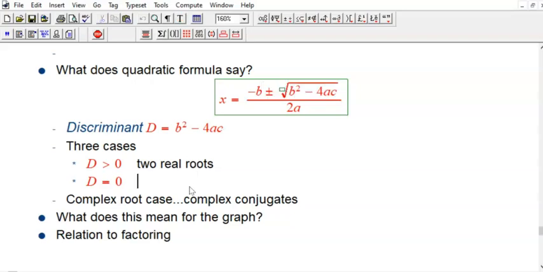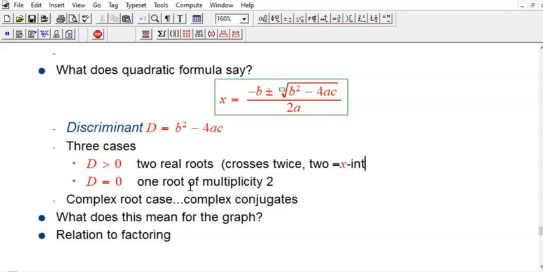And that is the case of one root of multiplicity 2. So what's the graph going to do here? In the first case, it crosses twice: two x-intercepts. Here, the graph is going to touch. It's not going to cross at the single x-intercept.